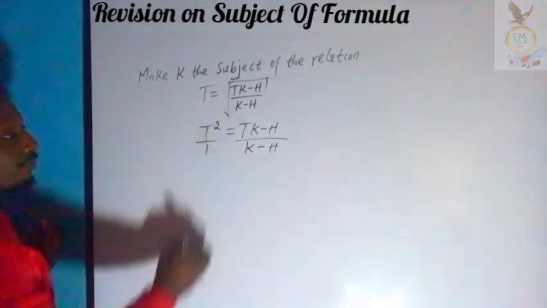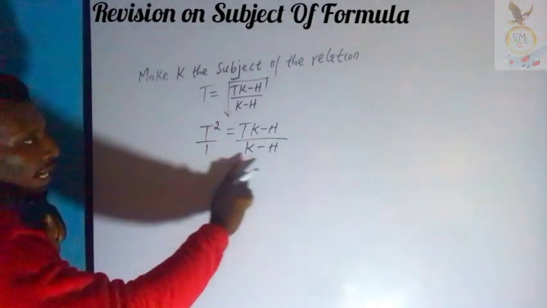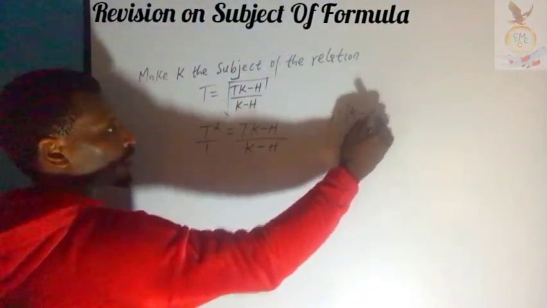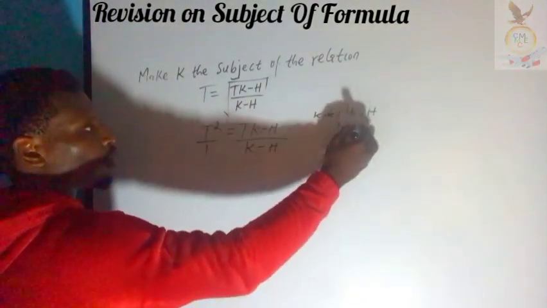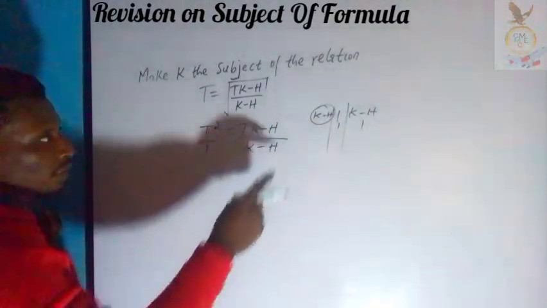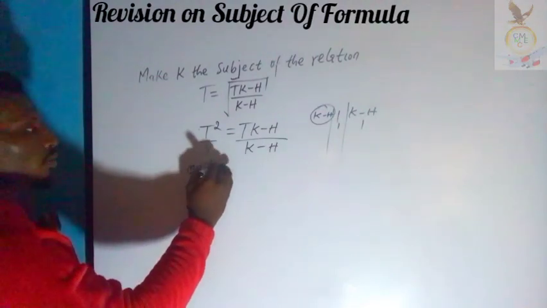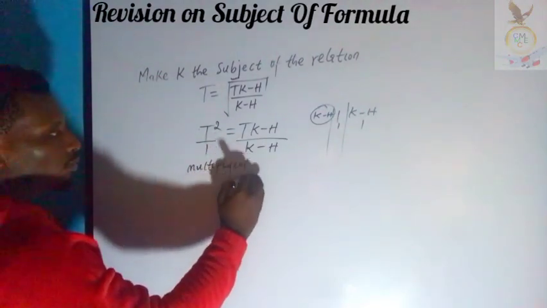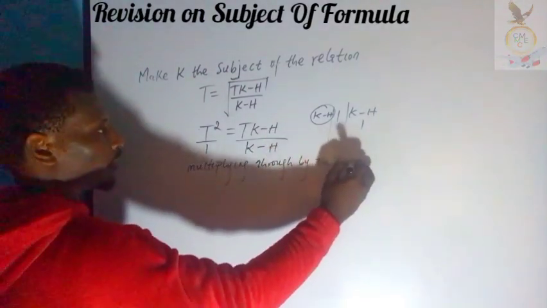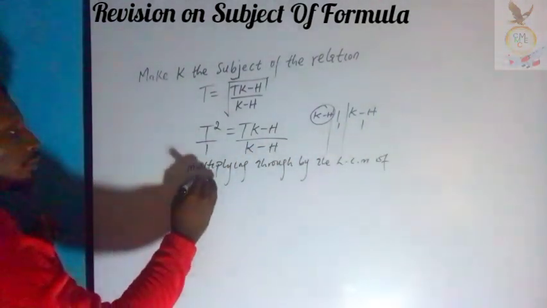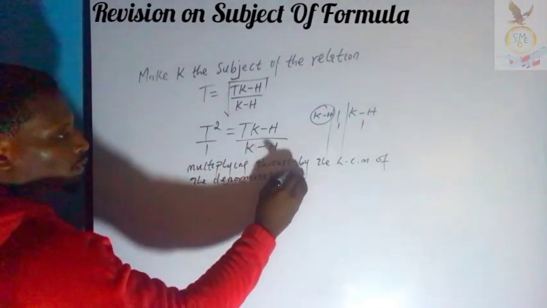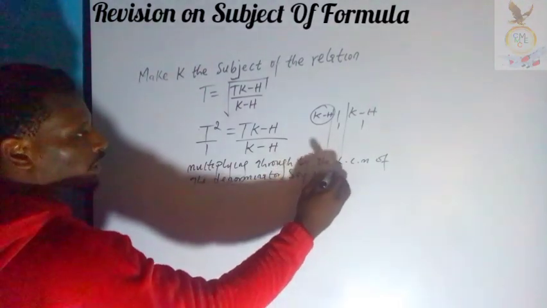I'm giving t squared over 1. I'm going to find the LCM of 1 and k minus h. So k minus h cancels 1, 1. So the LCM is k minus h. I'm going to multiply through by the LCM of the denominator, which is k minus h.